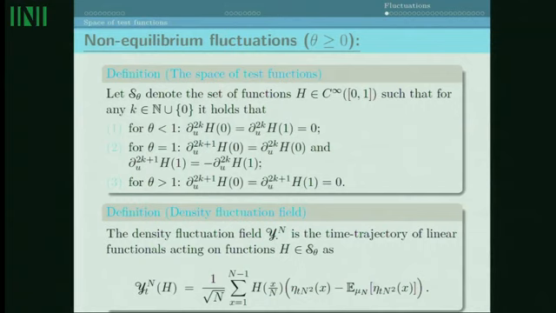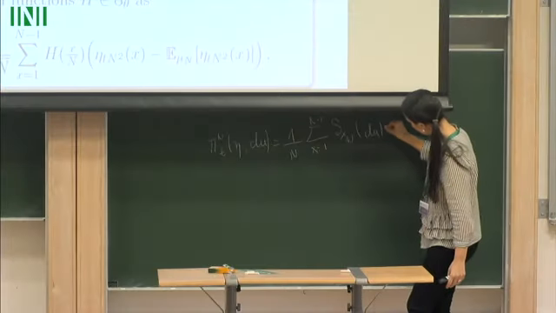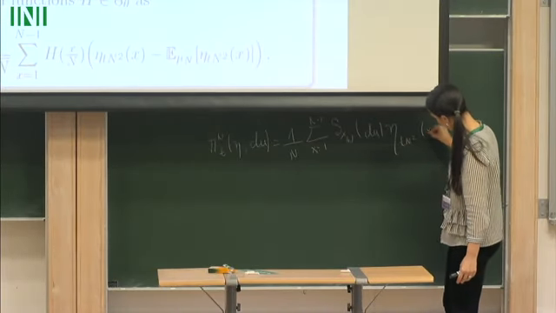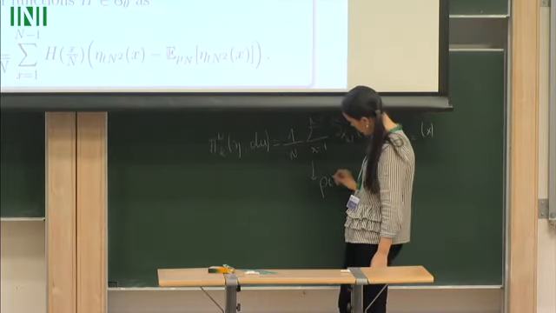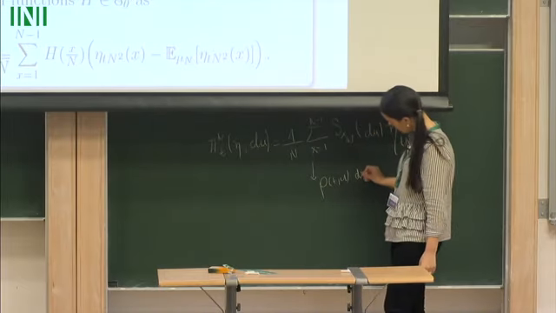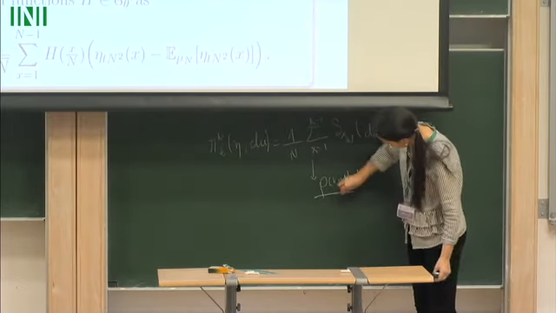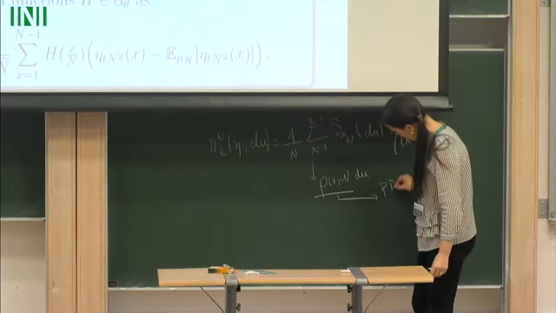In the hydrodynamic limit, we have an empirical measure like this: 1 over n minus 1, it doesn't matter, sum over x from 1 to n minus 1, delta at x over n, times eta_{t n squared}(x). And one can prove that this empirical measure converges to a deterministic measure in which this density is a solution to some PDE in the weak sense.